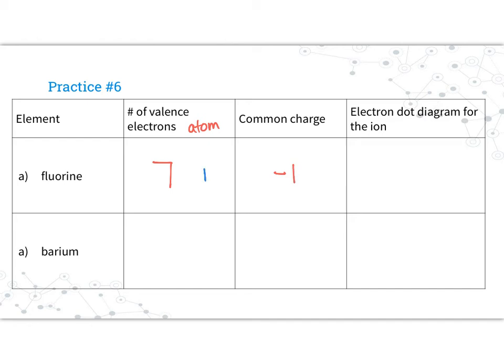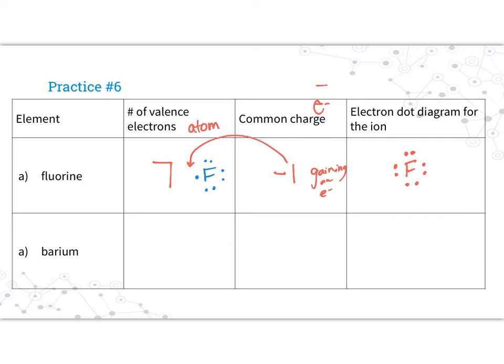So what we know is that fluorine would have looked something like this. Now, to get a negative one means that we are gaining an electron. Negative charges come from electrons. Electrons being added. So I'm going to add 1 electron to fluorine, the atom, and it becomes an ion.